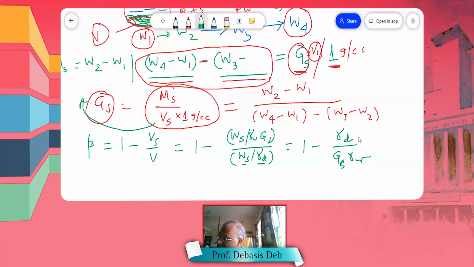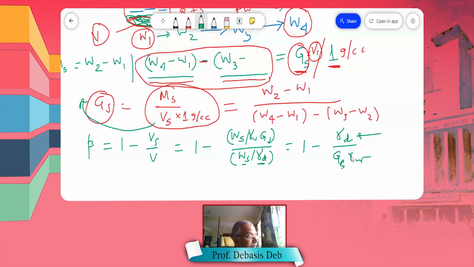This we have calculated prior to crushing the sample because we know L and D, diameter and length. So we could calculate that. This we already know, 1000 kg per meter cube. Or if you convert it, then it is 10 kilonewton per meter cube. This I already know. And Gs, I just found out from here. So the porosity can be estimated using this. Once I know the porosity, I can calculate the void ratio. There is a relationship. Let me give you some particular number.